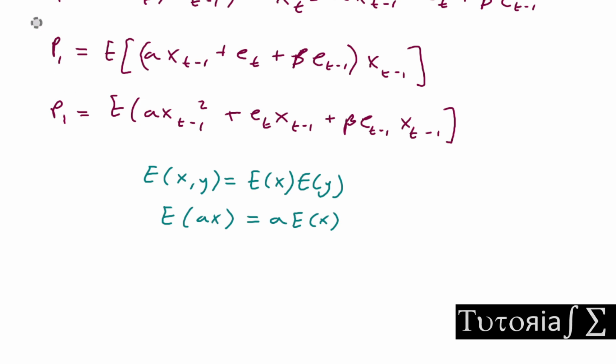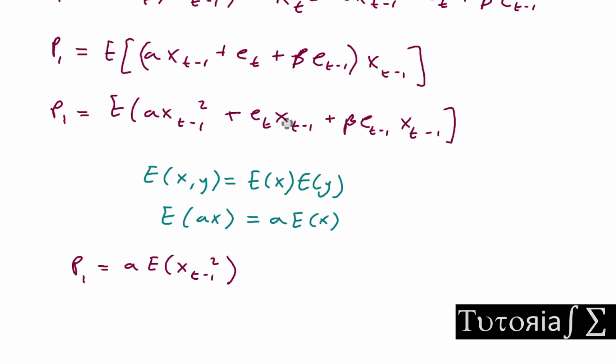So yeah, start distributing. So row 1 will just be equal to the expectation, or we can factor out the alpha. So it would be this expectation of this, but we factor out the alpha, so it will be alpha times the expectation of xt minus 1 squared.